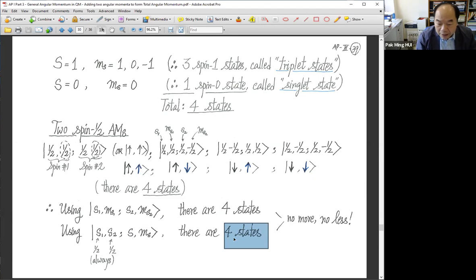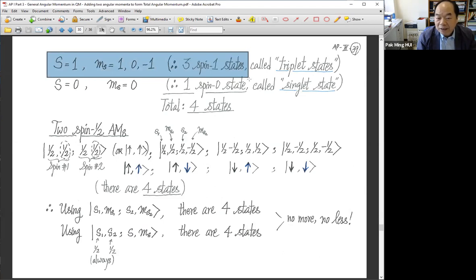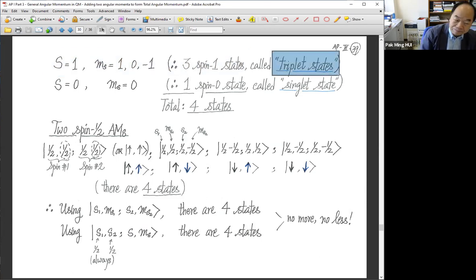At this point, it is useful to take in 2 names because this turns out to be very important in modern quantum mechanical problems. The S equals 1 case, since it carries 3 M_S values representing 3 spin states, this particular set is called the triplet states, meaning 3 states behind it.